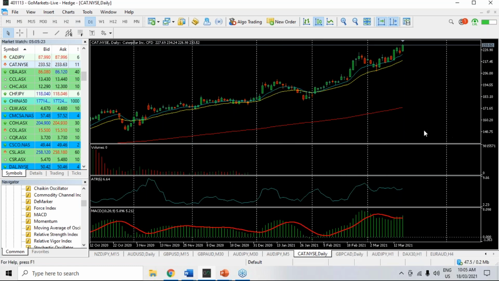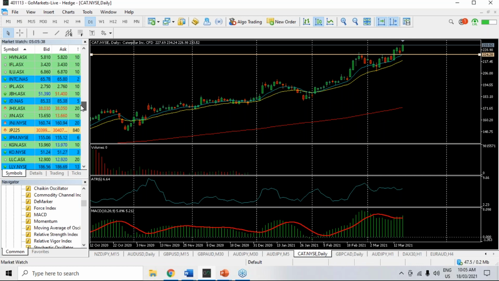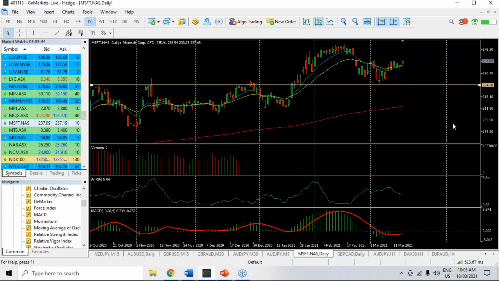Just make sure we've got all the updates. So that was Tuesday's trade of the day, and of course it's popped up another $5 or $6 since then. So that's still looking strong. And let's pop and see how our mates at Microsoft are doing, because we did talk about this as well.